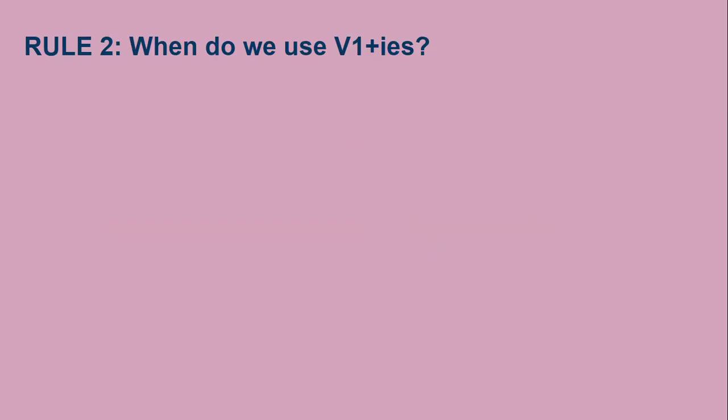In rule 1, we looked at V1 ending with ES. Don't forget that. Now we look at verb ending with IES. So for which verbs do we put the suffix, meaning an ending, IES?